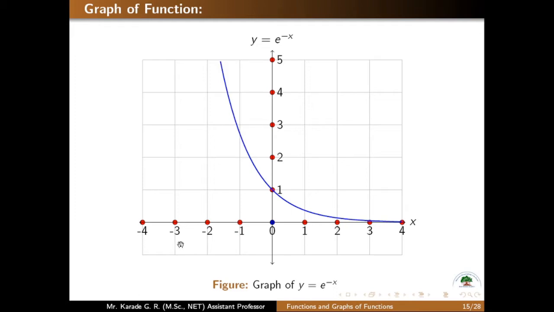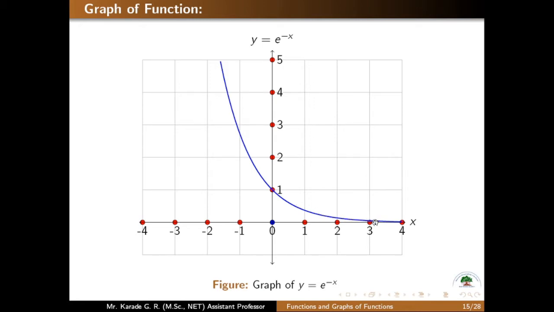So as values of x go on increasing, the values of function f of x go on decreasing, and they approach 0. Okay, they approach the line y equal to 0. So as x tends to plus infinity, values of the function approach 0.